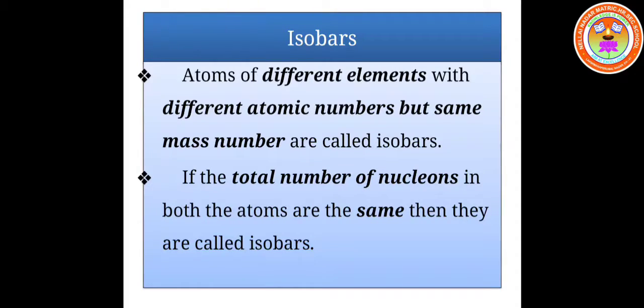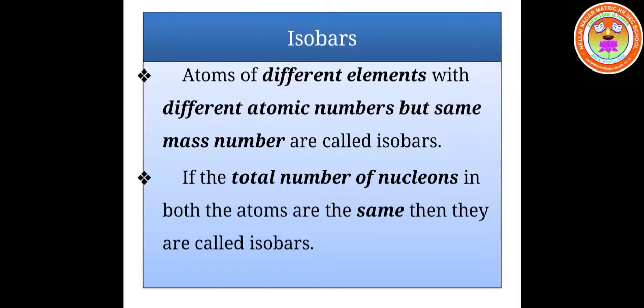So the definition for isobars is atoms of different elements with different atomic numbers and same mass number are called isobars. When two elements or atoms possess the same total number of nucleons, then they are also called isobars.